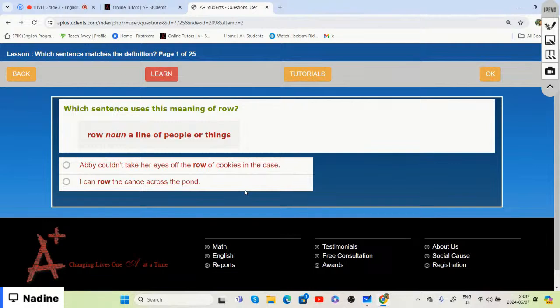So if we look at the word row, the definition says it's a line of people or things.